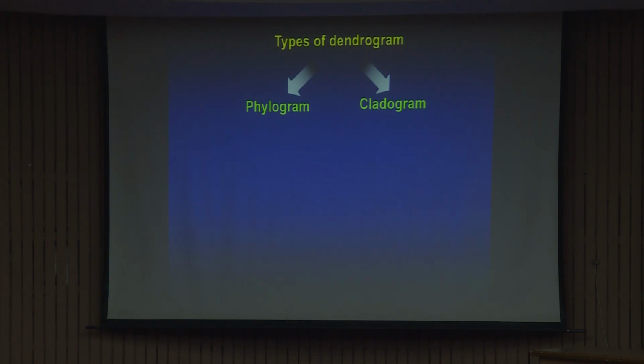Why am I telling these things? Because when you do a sequence alignment or analysis, often, not always, you do not care about what is this phylogram, cladogram, or what kind of thing. You just click the software, it will give you a tree, and you are very happy that you got a tree.